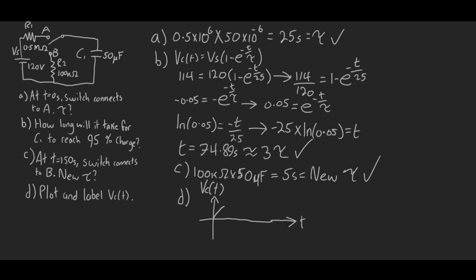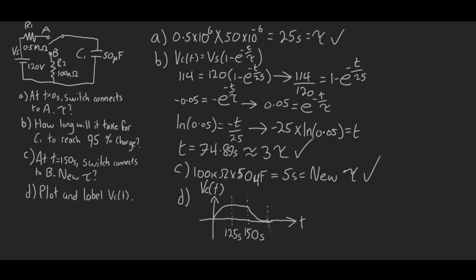So remember, the shape for charging of a capacitor looks like this. The time of a full charge here is equal to 25 seconds multiplied by 5, because it takes 5 time constants to fully charge. So that is 125 seconds. And at 150 seconds, the capacitor starts to discharge.